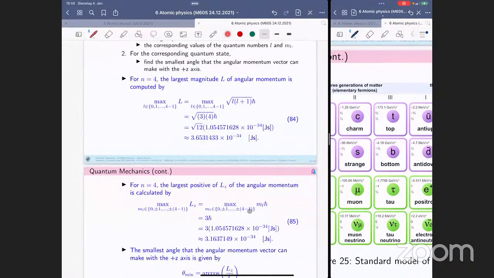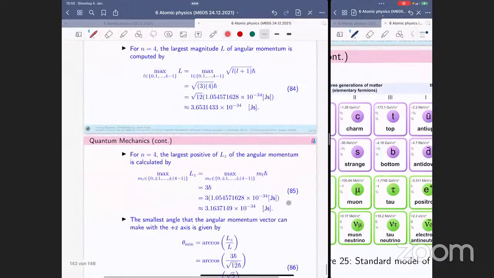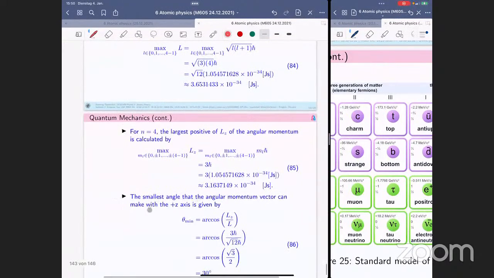The maximum value of ml will be the positive one, which is 4 minus 1, that is 3, so Lz is 3h slash. When we substitute h slash, we get 3.16 times 10 to the negative 34 joule seconds.